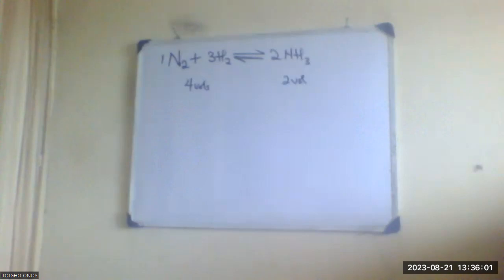Okay, let's look at this question now. 3Cl2 plus 2H2O, a reversible reaction, gives you 4HCl plus O2.